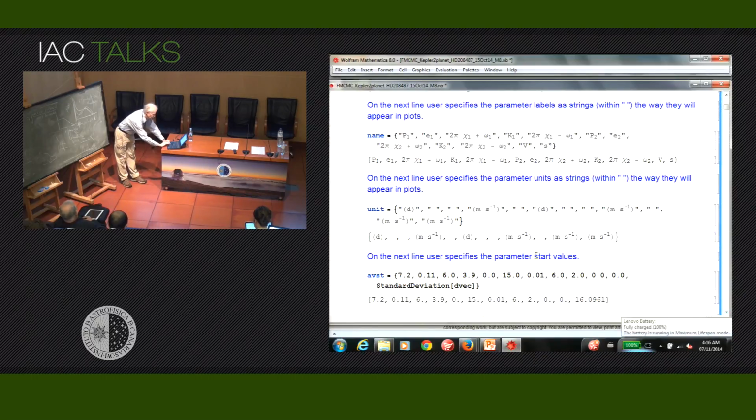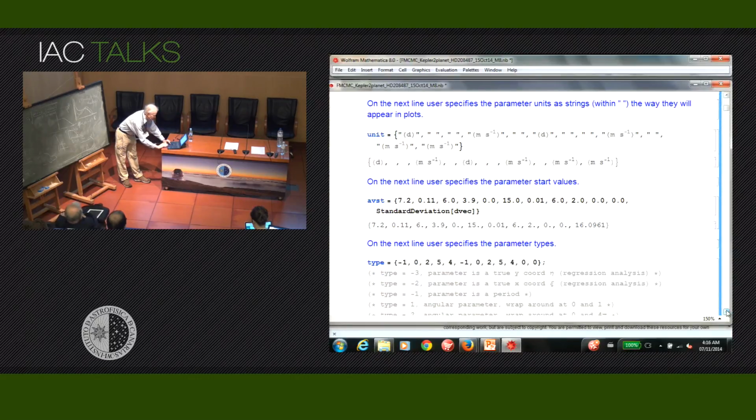You also want on the plots the dimensions to appear, so this is the array of dimensions. Here are my starting parameters, where the parameters are as listed here: period 1, eccentricity, 2 pi chi 1 plus omega, etc. And then for the last one here, the standard deviation for the S parameter, I just set it equal to the standard deviation of the data.